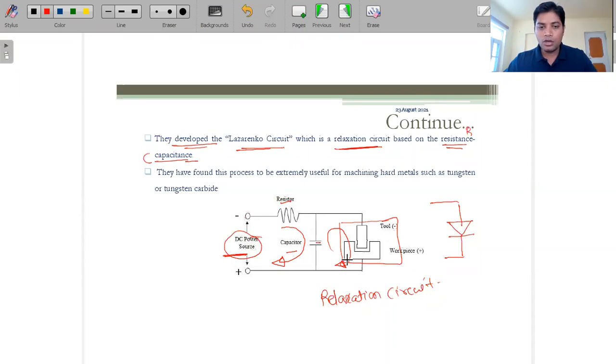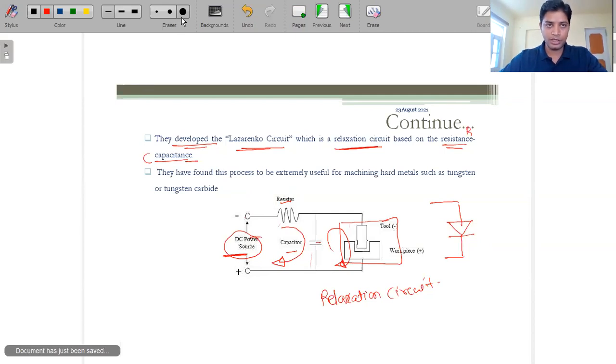First we charge this capacitor using this RC circuit, and once it is fully charged, 100% charged, we use this charged capacitor for the machining purpose. So it's not that we directly use the DC power. First we store it in the capacitor, then we use this energy.